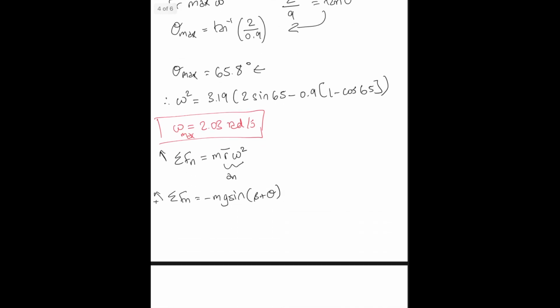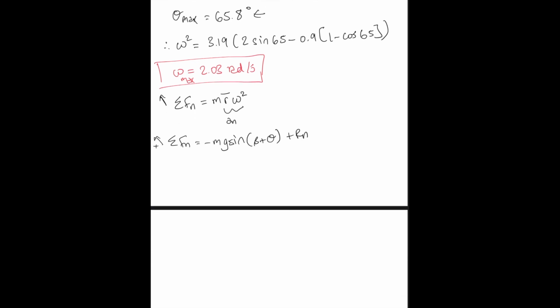So our normal is going to have to include both beta and theta. That's why we've got sine beta plus theta, plus Rn, because Rn is in the positive direction. And that's going to give us, if we plug in those values over here, minus 300 multiplied by 9.81 sine 24.2 plus 65.8 plus Rn.